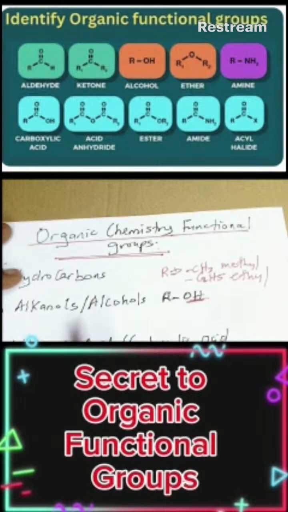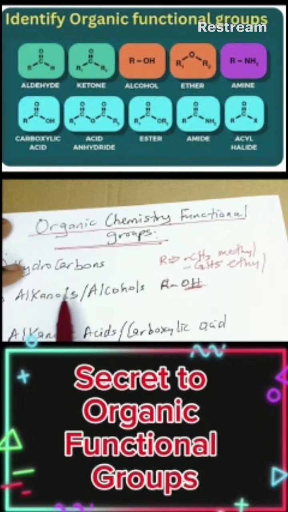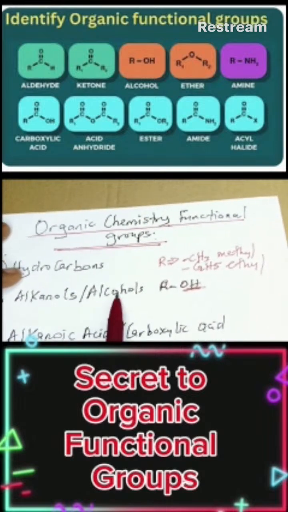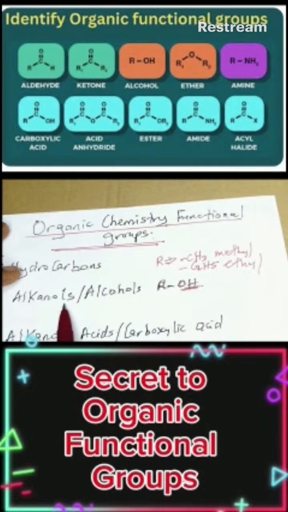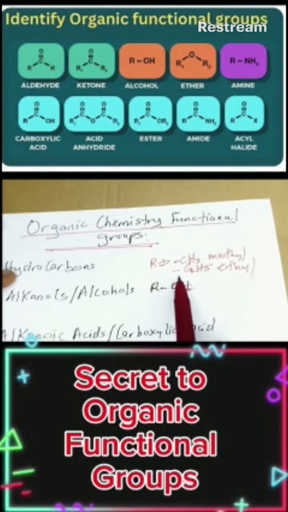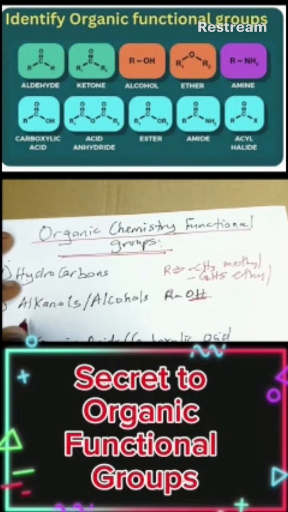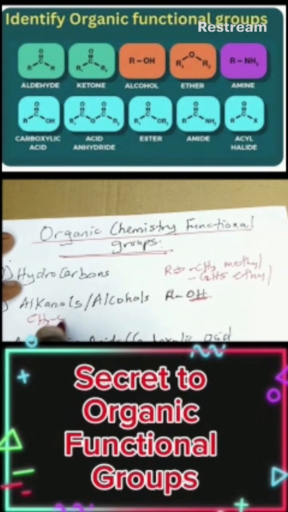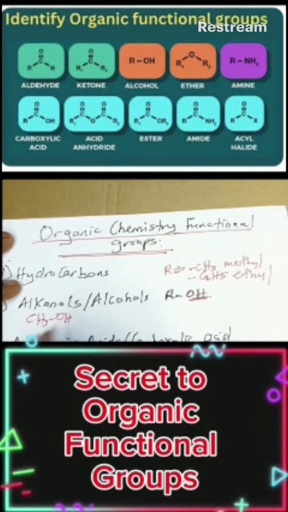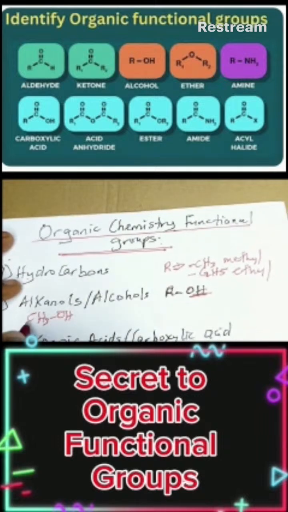Now let's go on. Alcohols, also called alkanols. When this OH group joins with any alkyl group, it is an alcohol. For example, when you have CH3OH, because that is one carbon, it is called methanol.